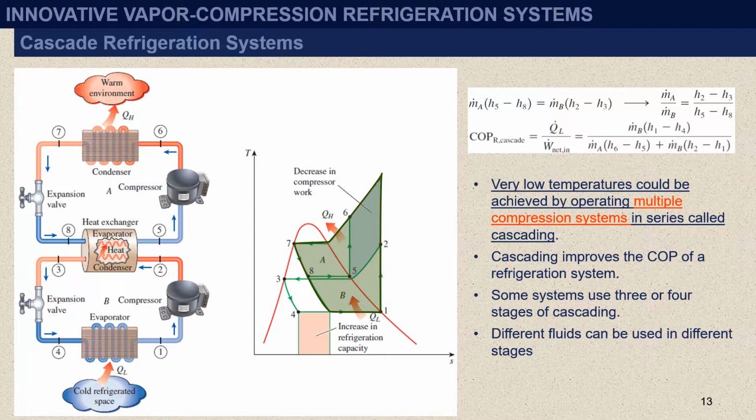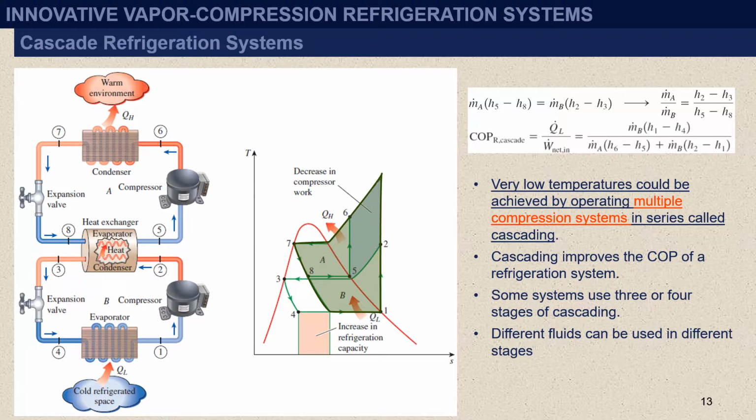In this case, there would be a separate saturation dome for each fluid, and the T-s diagram for each cycle would be different. Also, in actual cascade refrigeration systems, the two cycles would overlap somewhat, since a temperature difference between the two fluids is needed for any heat transfer to take place.